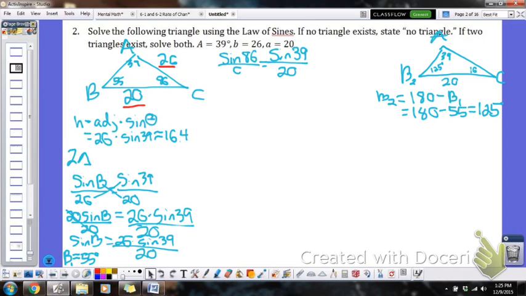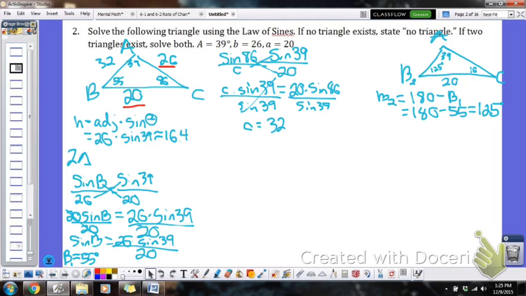Then we just need to cross multiply, solve for C. So C times the sine of 39 will be equal to 20 times the sine of 86. Divide both sides by the sine of 39. Cancel it on the left. And C will be equal to 20 times the sine of 86 over the sine of 39, which will give me side C being equal to approximately 32. So my first triangle is solved.